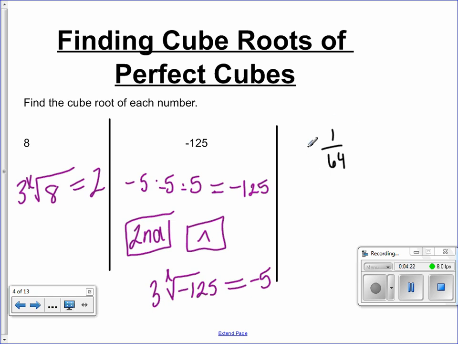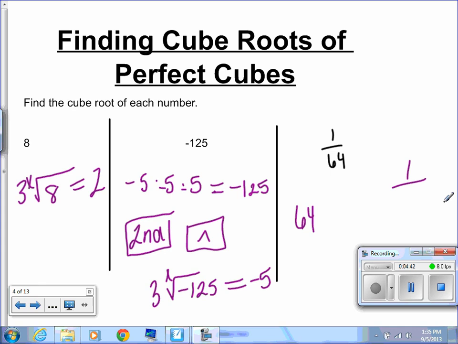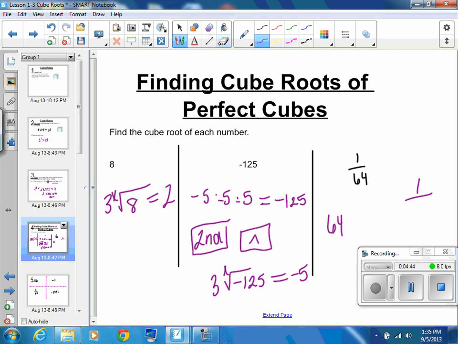If I'm looking at a fraction, I know I'm going to take what times what times what gives me 1 over 64. So we know the numerator is going to be 1, because 1 times 1 times 1 gives you 1. Then I'm going to find the cube root of 64. I'm going to take 3 first, our cube root button, and then 64.